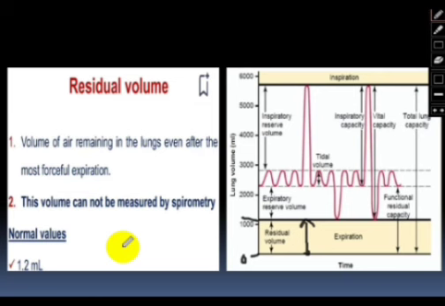Okay. 1,100 minus 0. It will give you 1,100. So normal range is between 1,100 to 1,200 mils, or 1.1 to 1.2 liters. Very simple.